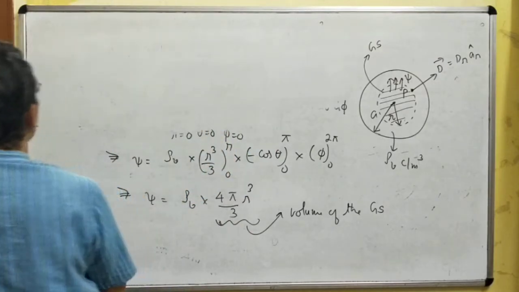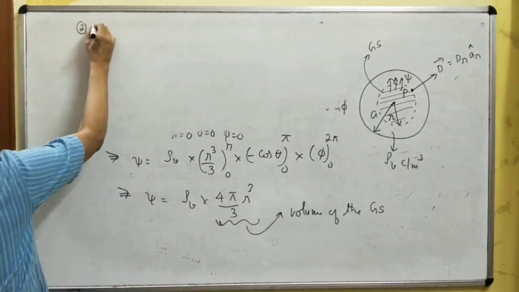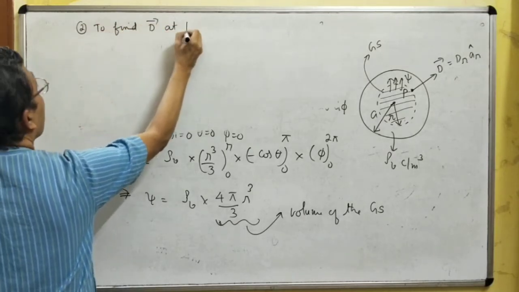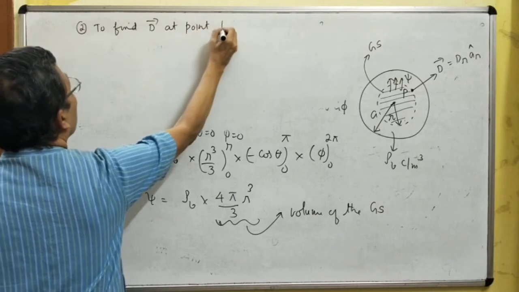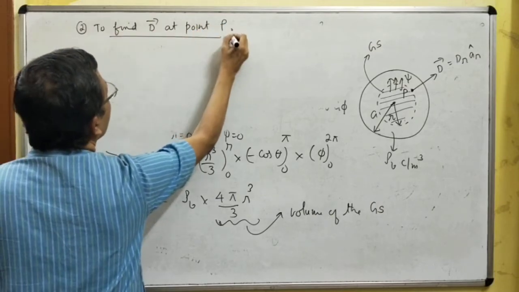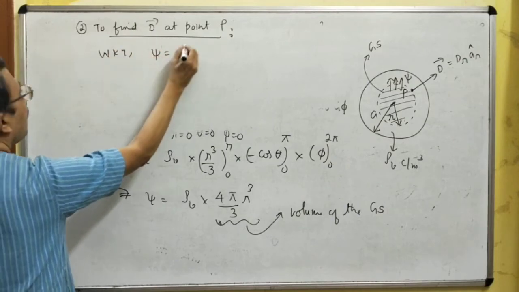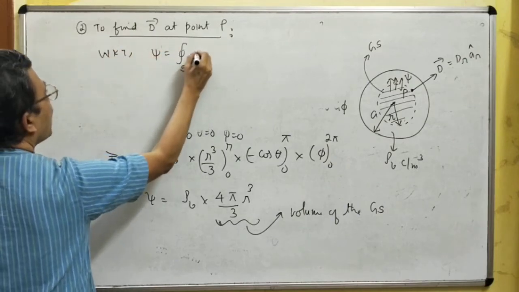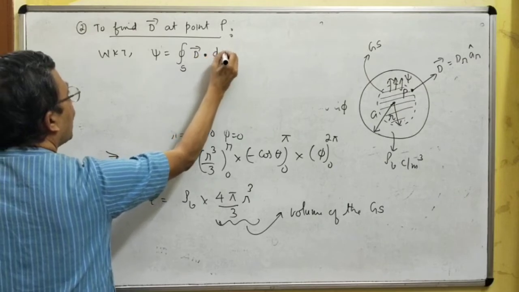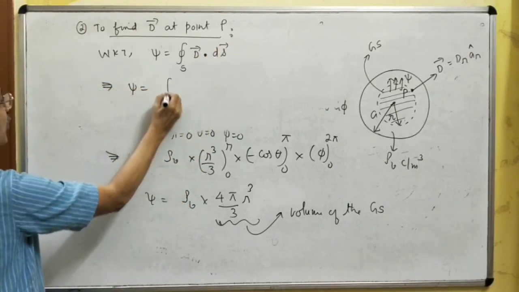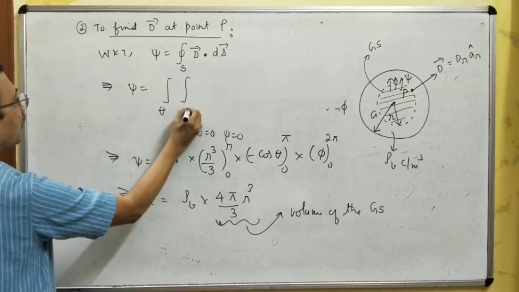Step number 2. To find vector D at point P. We know that psi is equal to the closed surface integral of vector D dot ds. This implies psi is equal to a double integral over the domains of theta and phi.